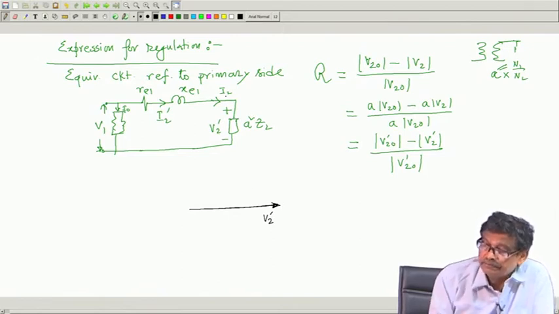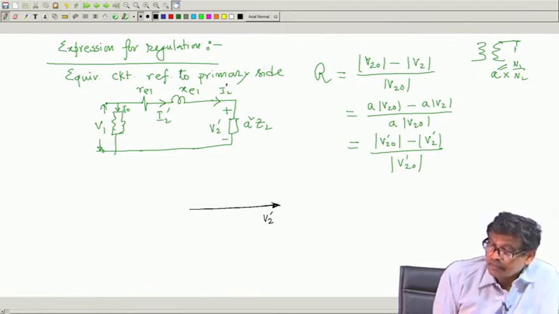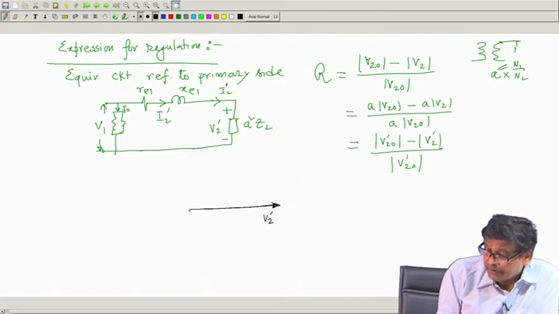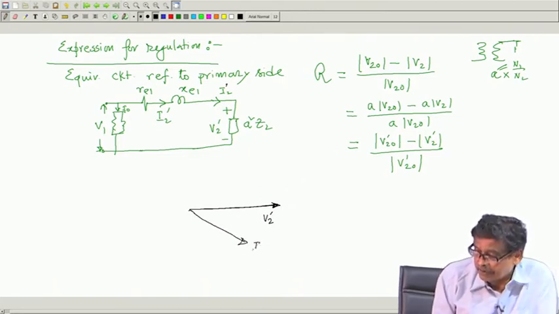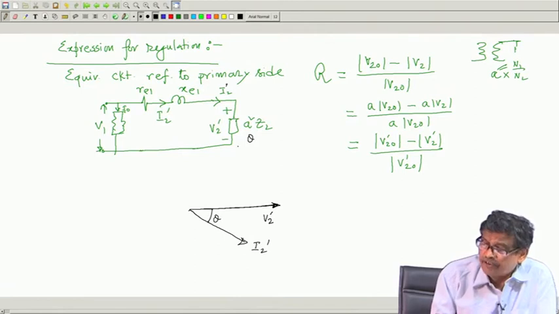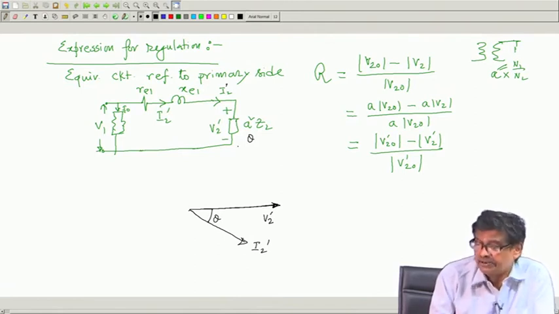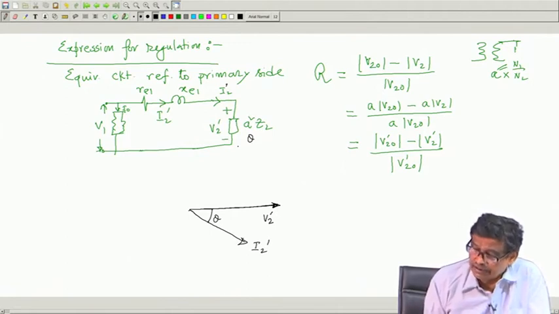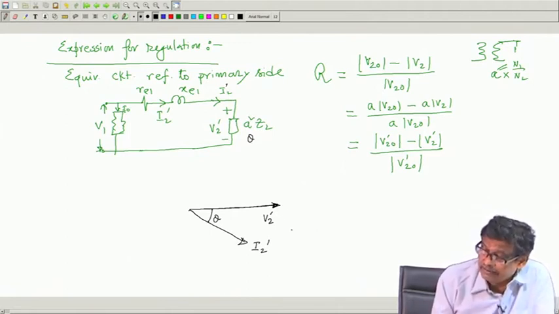I will draw it. Then I will draw the current. Suppose it is supplying some current I 2 dashed, load power factor angle is theta. Load power factor angle does not change if you multiply Z 2 with A squared, A is a scalar number. So, it is like this.